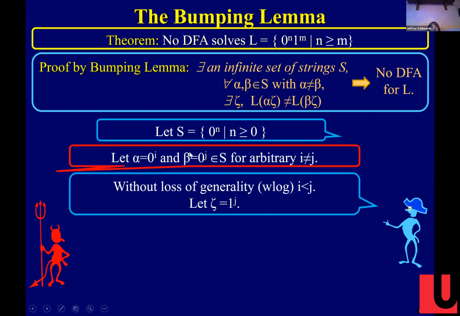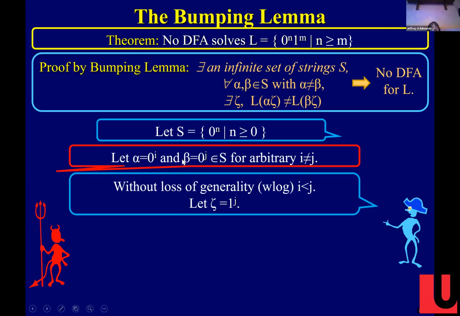Well, here there really are 2 cases, right? I is not equal to J. So there's 2 cases, either I is less than J or J is less than I, right? And what we often say in math is without loss of generality, I'm going to assume that I is less than J, right? Why do I assume one's less than the other?